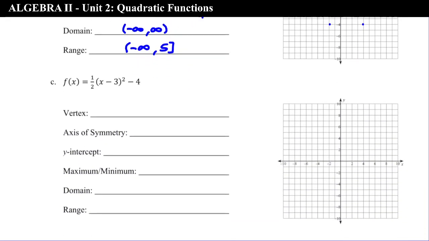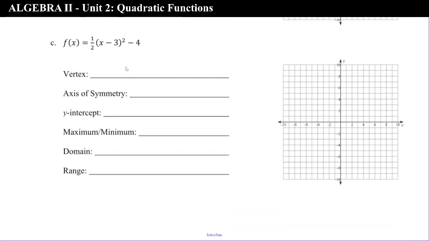All right, let's do the next one. Our vertex is 3, negative 4, reading that from our h and k. Our axis of symmetry is at x equals 3. Our y-intercept, if we put in 0 for x, negative 3 squared is 9.